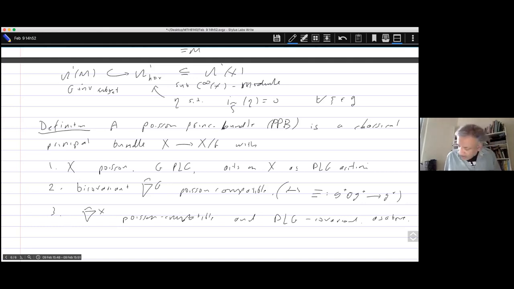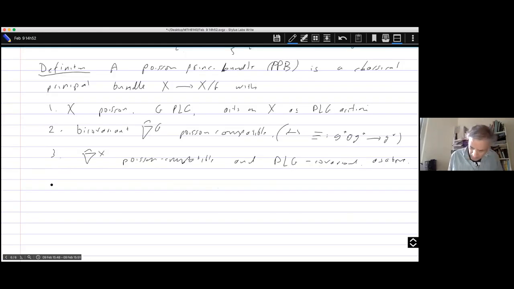And then the last thing is the transversality condition, the extension of the transversality, the transversality at order lambda.